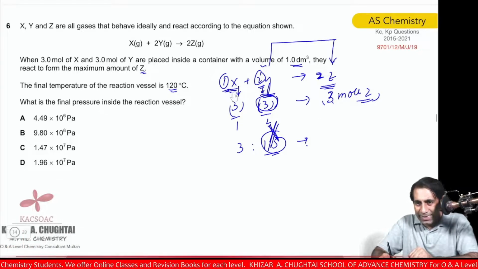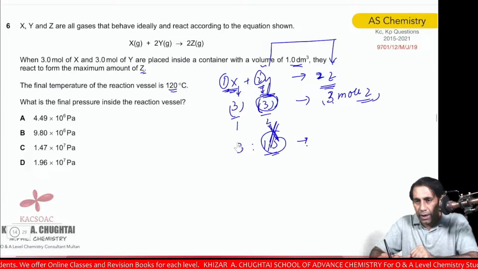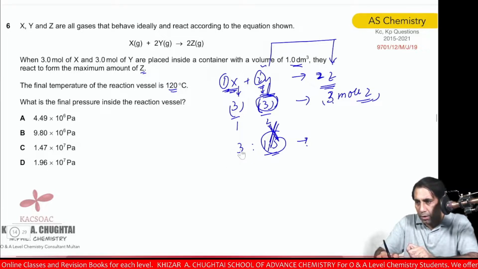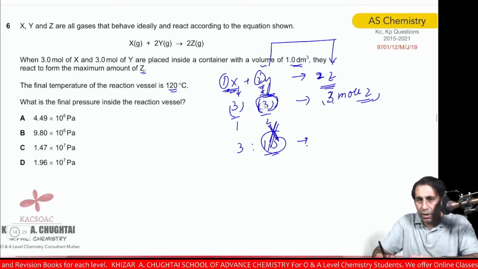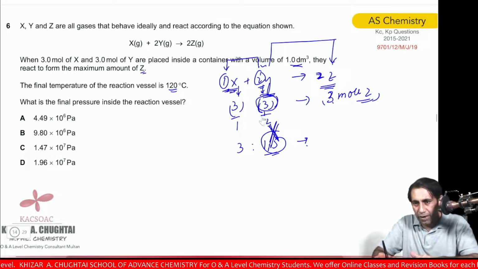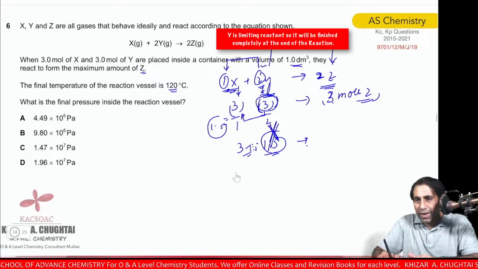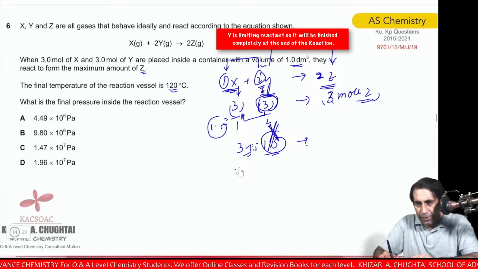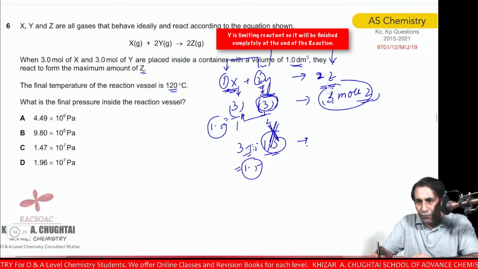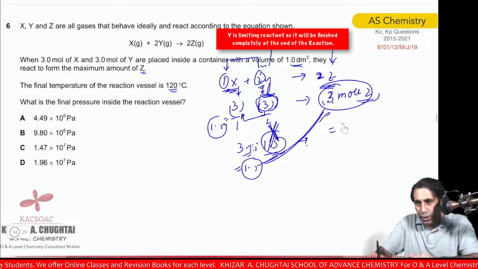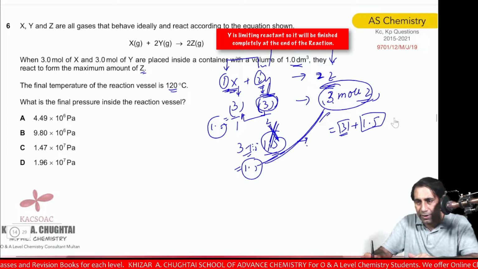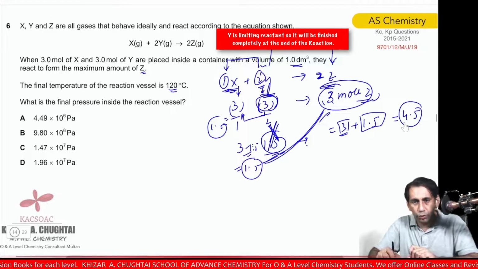Now, as you know, X is in excess, and what will be its remaining quantity? 2 mole of Y will use 1 mole of X, so 3 mole of Y will use 1.5. So 3 minus 1.5, the remaining X will be equal to 1.5 mole. So at the end of the chemical reaction, total number of moles of all gases will be 3 plus 1.5 that remains unreacted, which is 4.5 moles.